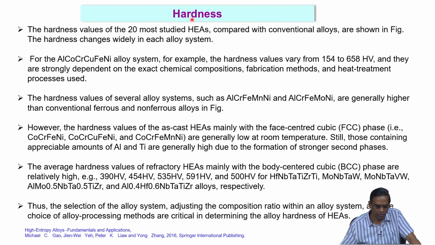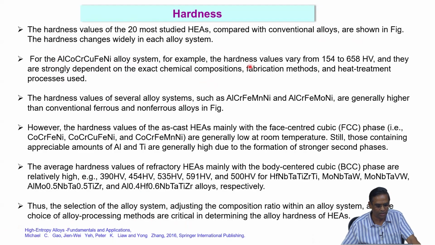So what we have now looked at is about 20 most studied high entropy alloys. These are all from the literature. Everything I am presenting is taken from this book. It's a very nice book for introduction, and they are compared with the conventional alloys in the figure. For example, we have looked at this particular aluminum, cobalt, chromium, copper, iron, nickel alloy system, in most of the studies, even in the characterization.